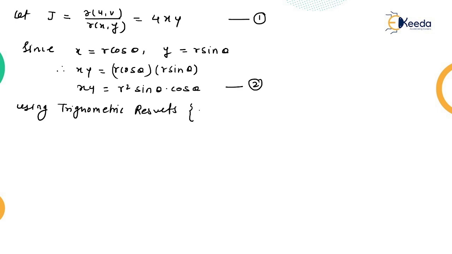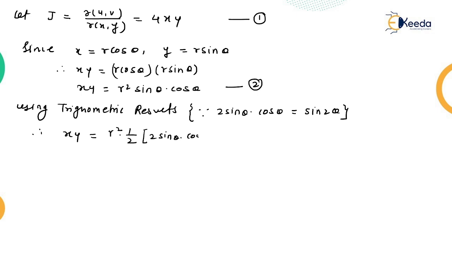Since you know very well, 2 sin θ cos θ is the double angle formula for sin 2θ. So xy can be written as r square into 1 by 2, with the 2 adjusted here, into 2 sin θ cos θ.